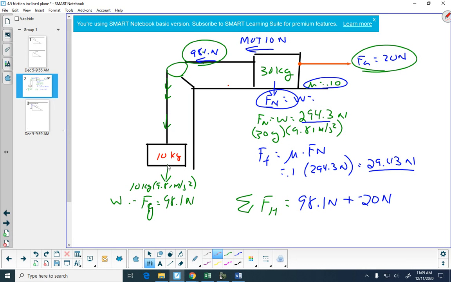So my force of friction is going to be going to the right. So if it's going to the right, then I have a negative 29.43 newtons here. So this is my force of friction, and this is my force applied going to the right, and here's my force of friction.